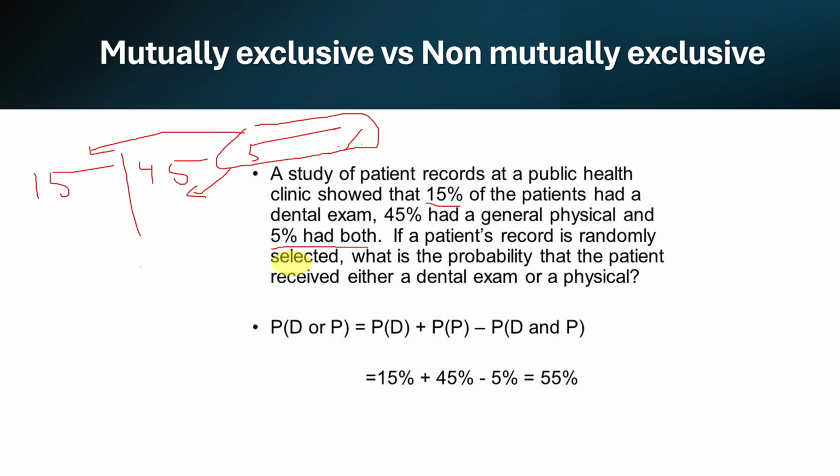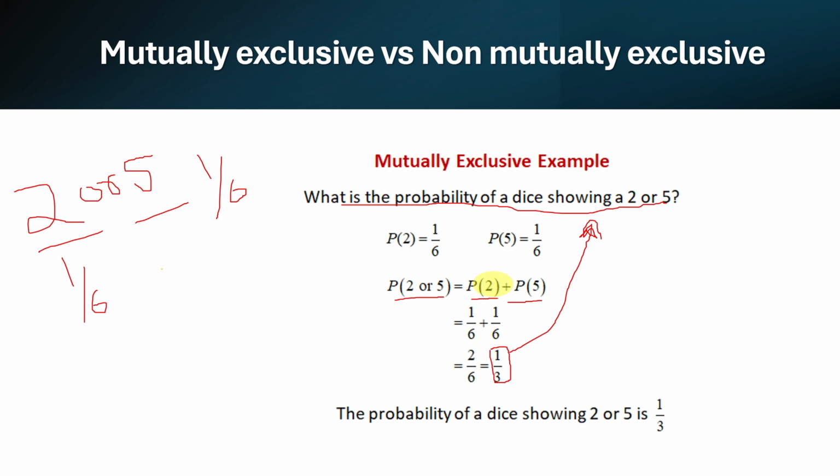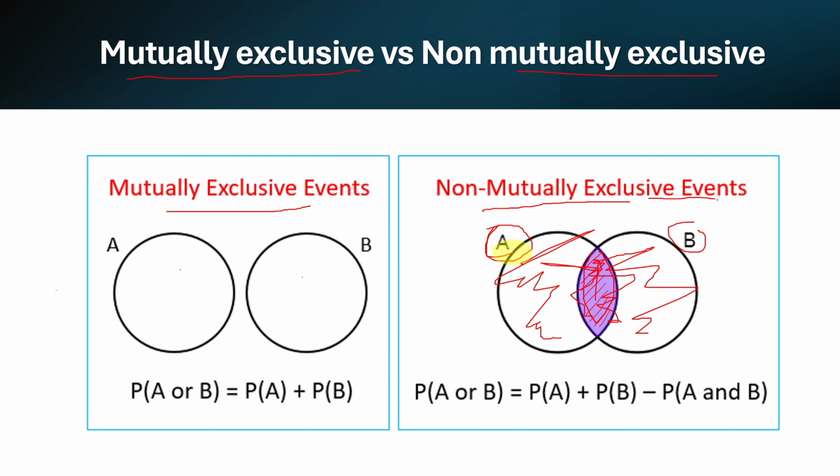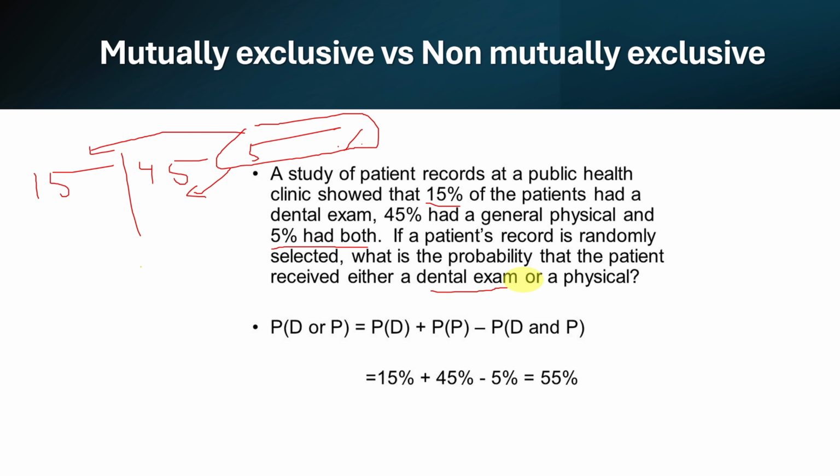If a patient record is randomly selected, what is the probability that the patient received either a dental exam or a physical exam? Like over here, we just want the area of A, the dental exam, for example. How will we do that? Probability of D or probability of P: probability of D, the dental exam, plus probability of P, the physical exam, minus probability of D and P. This will cut that overlapping area.